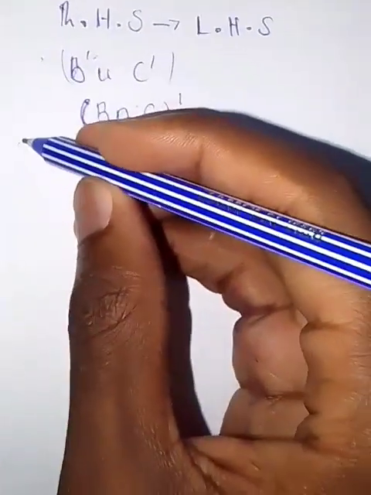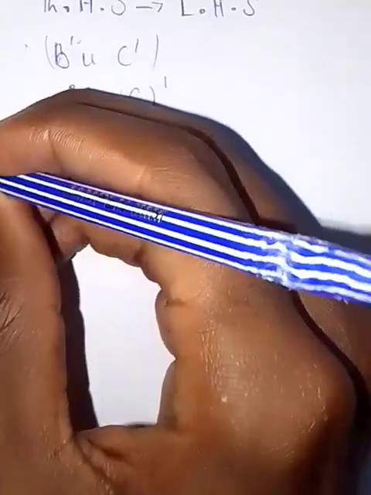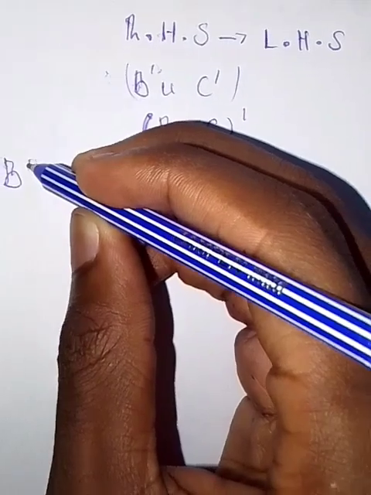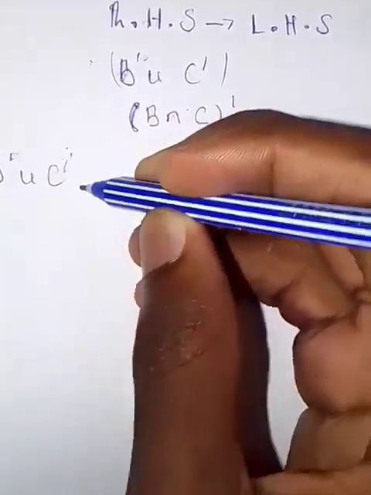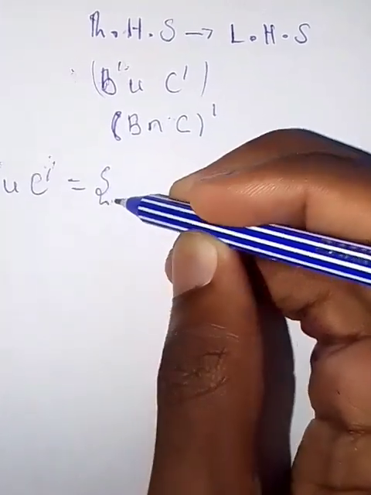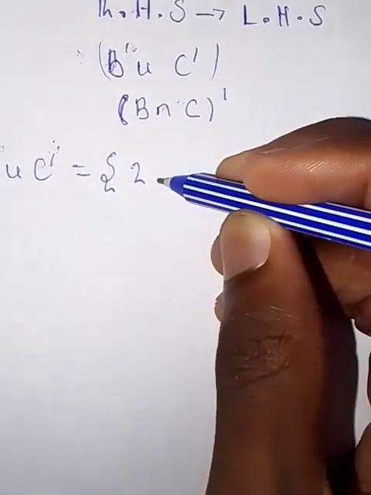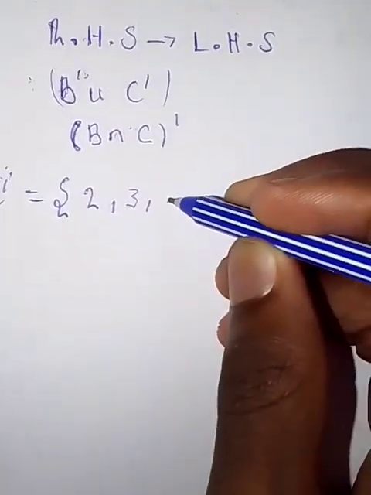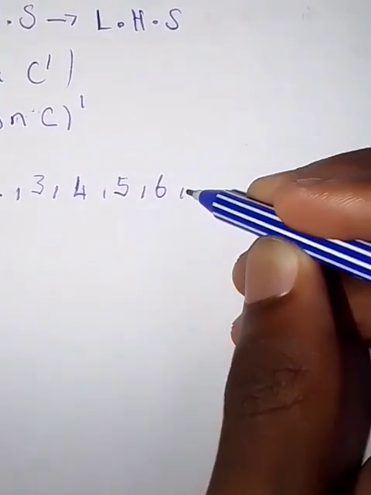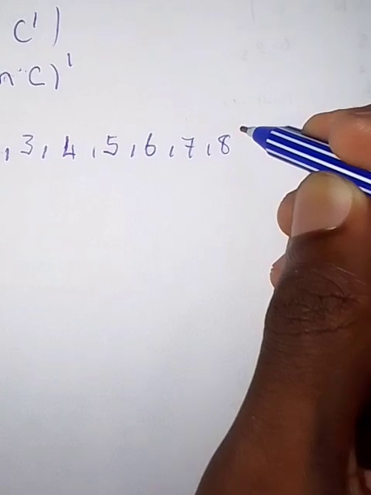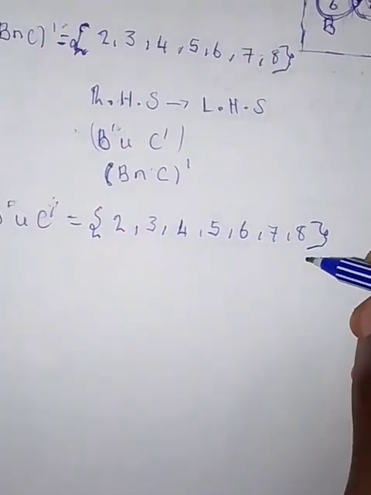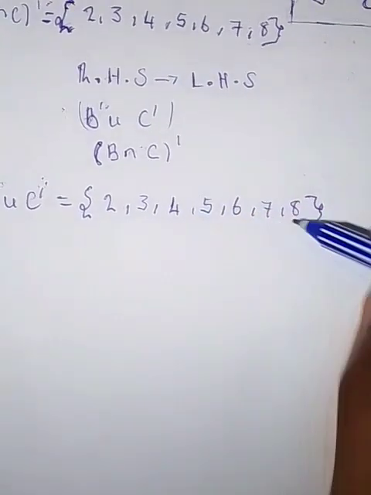So you're just going to list it. You're going to say that B complement union C complement is equal to the same set, as you can see. So it will still give us the same set.